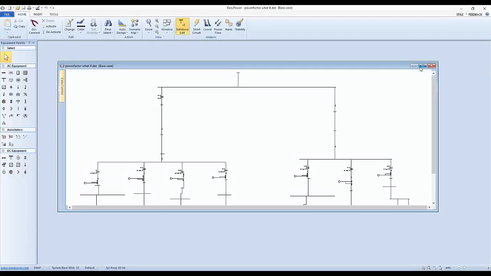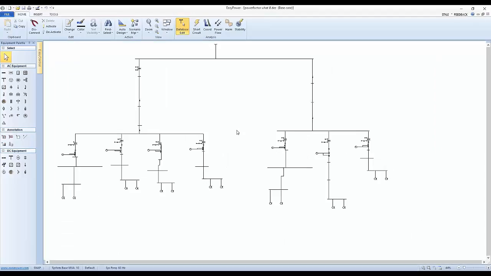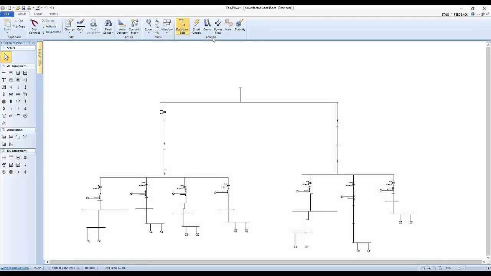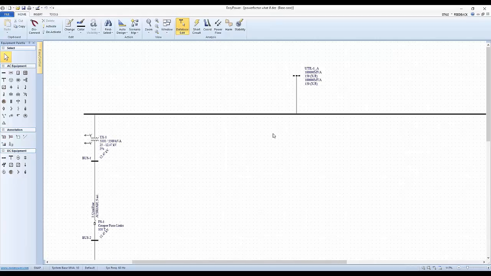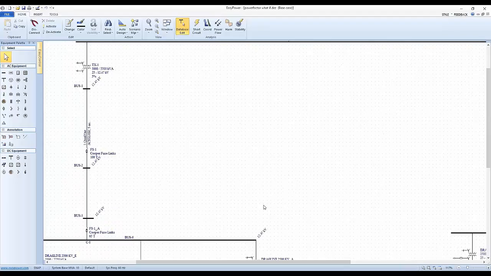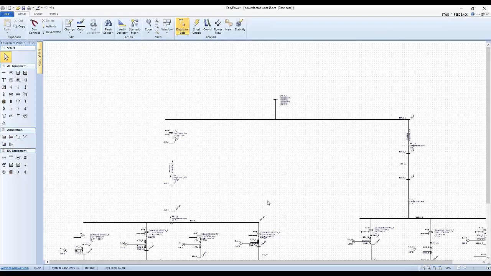Again, we've drawn this on a sketched basis, and if we were to go in and look at this, we see that we don't have many, if any, of the protective devices that you normally find in a circuit like this. We're starting off with an infinite utility source, again on a what-if basis. What I want to look at is my loading.